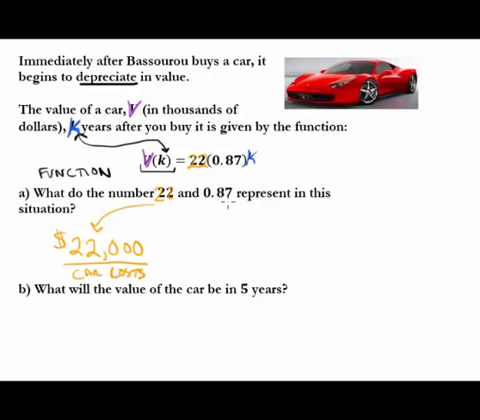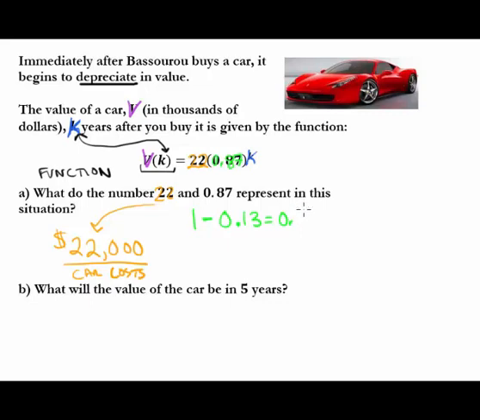And the 0.87, that number is less than 1, which means that every year that passes, your value is getting less, because when you multiply 22 by a number less than 1, it gets smaller and smaller. And so we want to ask ourselves, what percentage decrease does 0.87 represent? Remember from the last couple of weeks, 0.87 is really the same thing as 1 minus 0.13.